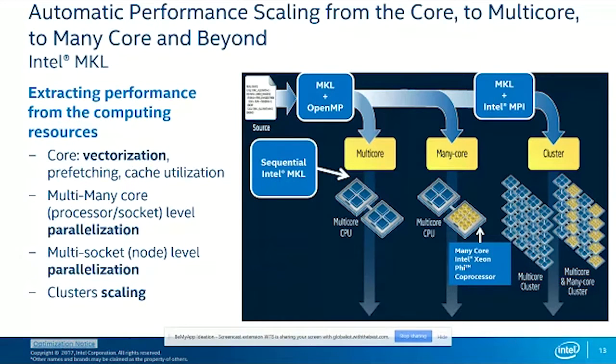Another thing MKL does is multi-threading optimization. Modern processors offer multiple computational cores, so MKL will take advantage of each of the cores and provide parallelization code to get better performance. And even if you have multiple machines, working on cluster systems, MKL can use multiple nodes to get better performance.